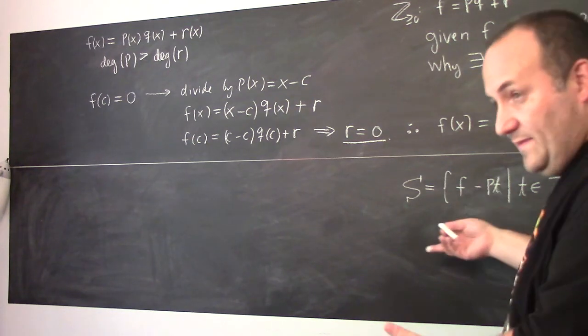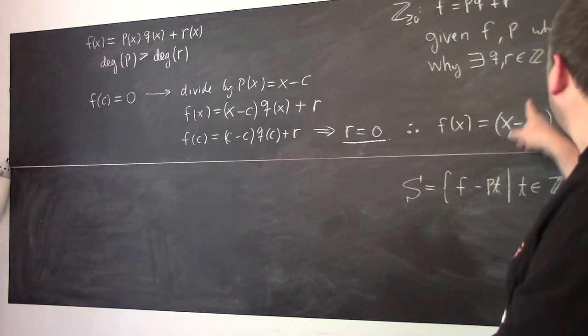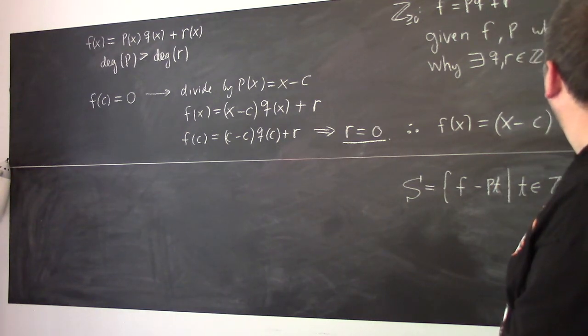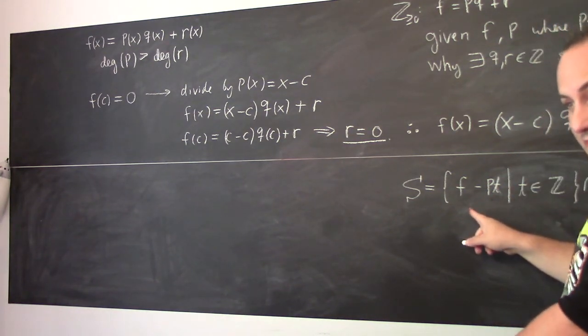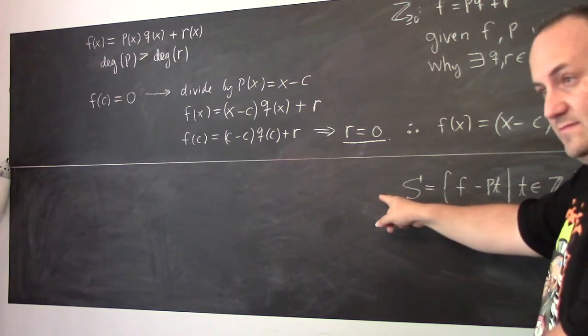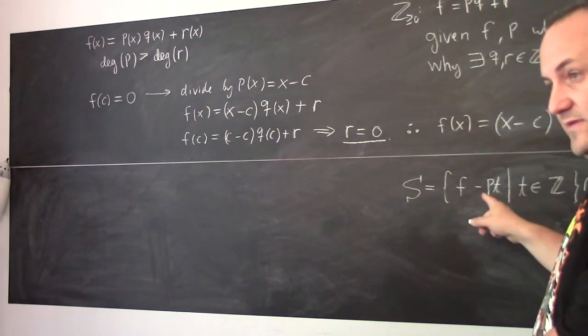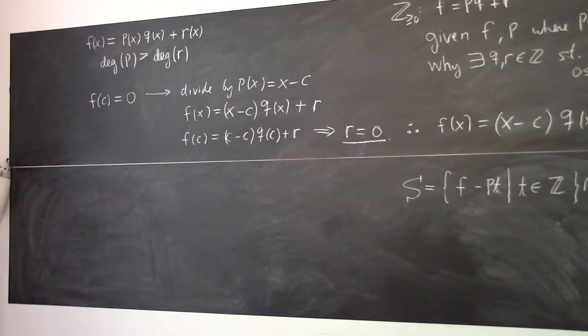It has at least one thing in it. What do we assume about f and p? In fact, f minus p is positive. So that means there's at least one positive number in here, which means that it is non-empty. This is a non-empty subset of positive integers.